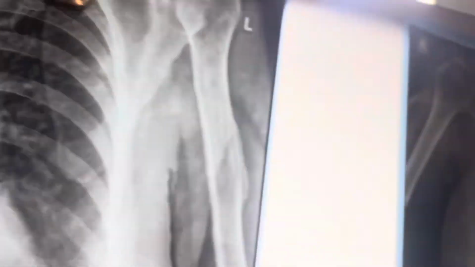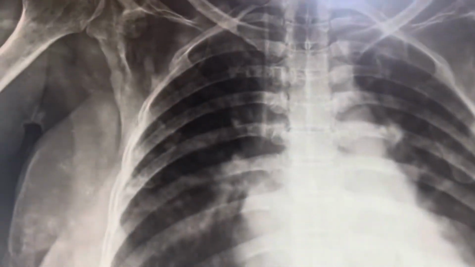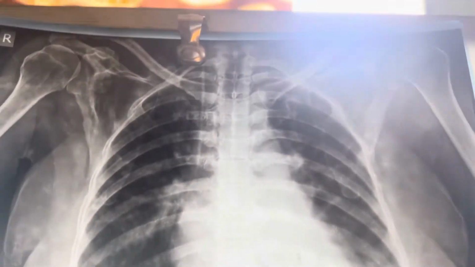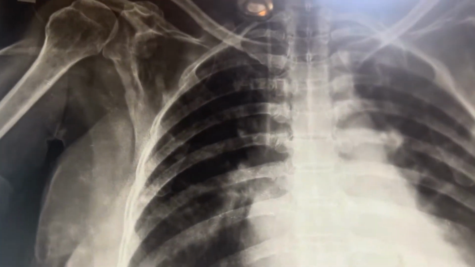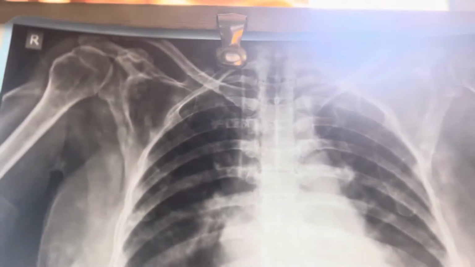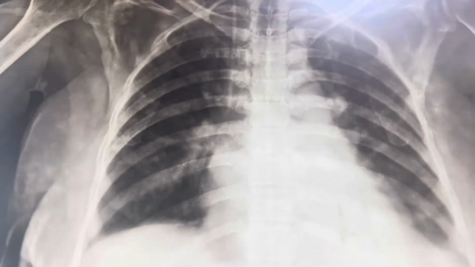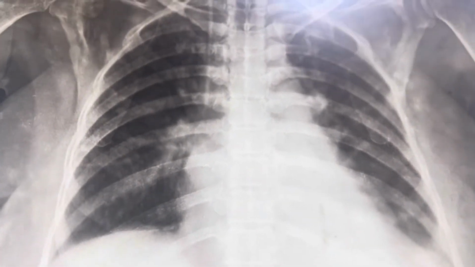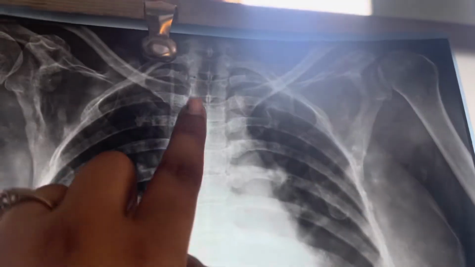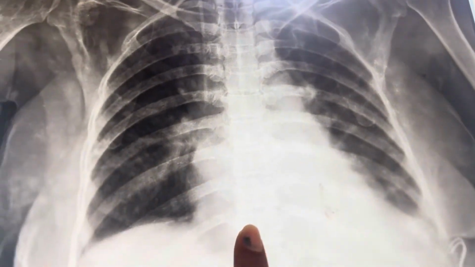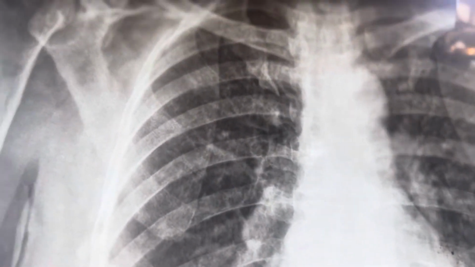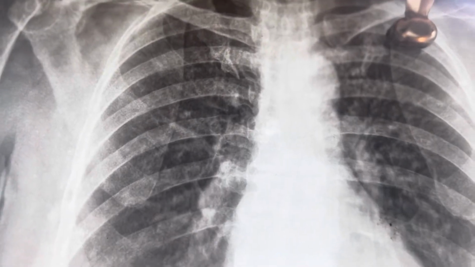Now I am moving to the anterior-posterior view. How to differentiate between the anterior-posterior view and the posterior-anterior view? The first thing is, in the anterior-posterior view, the film is placed on the posterior side and the rays are passing from the anterior side. In the anterior-posterior view, we can easily identify the vertebral column, but in the posterior-anterior view, we were not able to easily identify it.